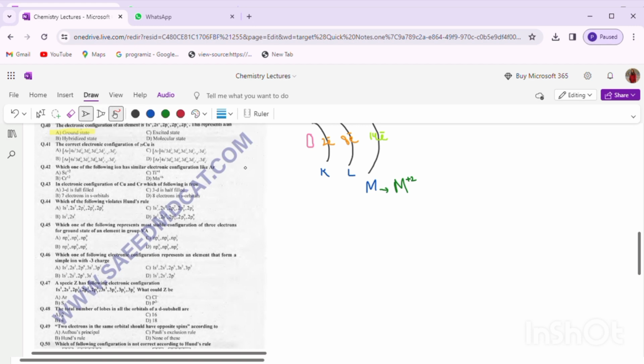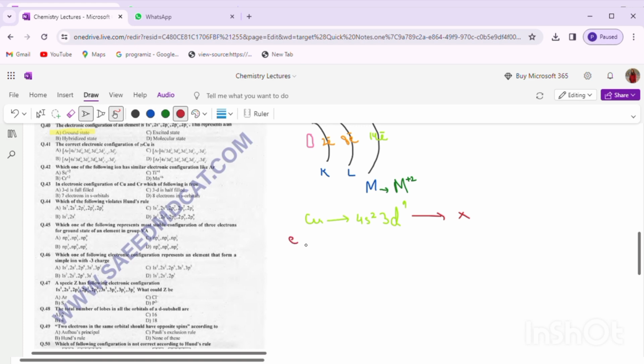Initially copper was 4s2 and 3d9, but we know that this is wrong, right? There was one exception, right?